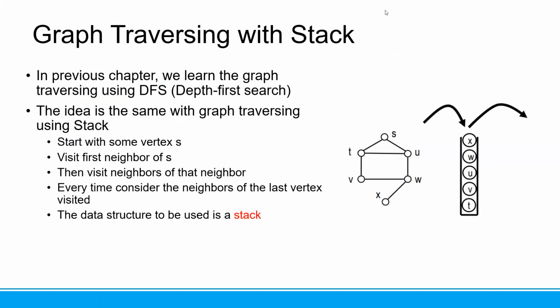When we are dealing with the stack, let's say I have this graph. You can define, for example, the starting vertex of the graph. I visit S. And then let's visit the neighbor of S. What is the neighbor of S?